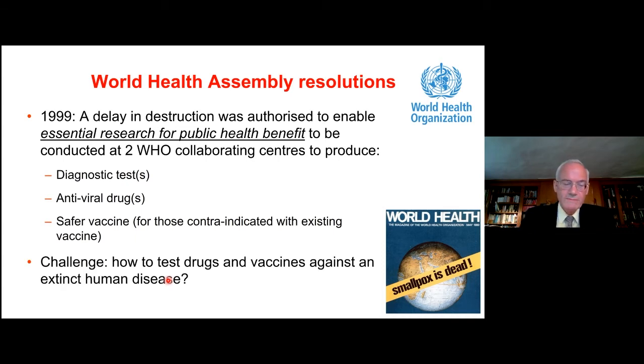But the challenge with this program was, how do you test drugs and vaccines against an extinct human disease? The Federal Drug Administration or the Medicines Control Agency, to license a drug or a vaccine, would require evidence that it works against its natural pathogen in the natural host. And of course, we can't do that with smallpox in man anymore.